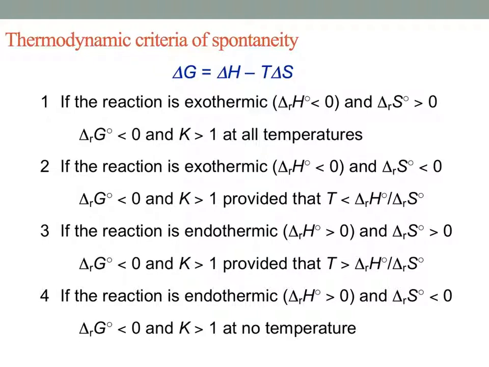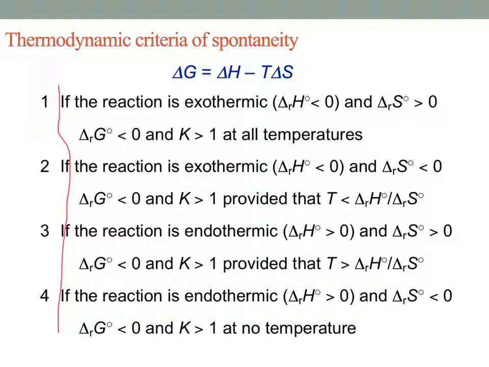So here is a table that explains what the criteria are that allow us to predict that. If that's our master equation, delta G is equal to delta H minus T delta S, which we saw before, and we're talking about reaction Gibbs energy here, then this table will show you all of the scenarios in which we can expect the value to be negative. The first one, of course, is a no-brainer.